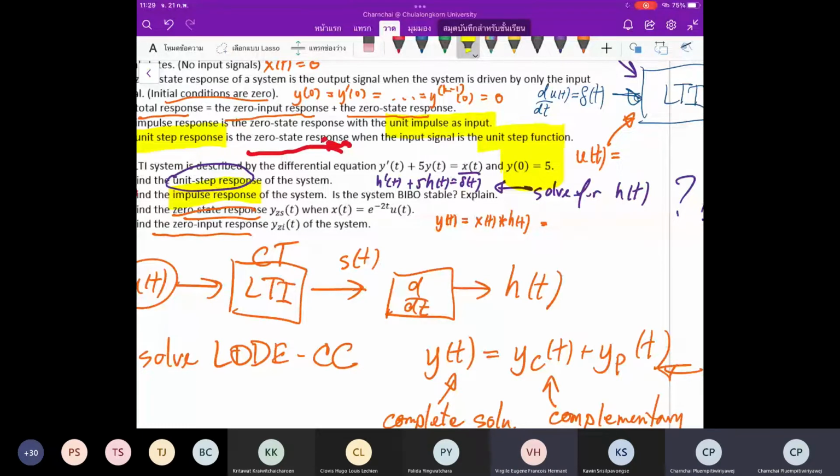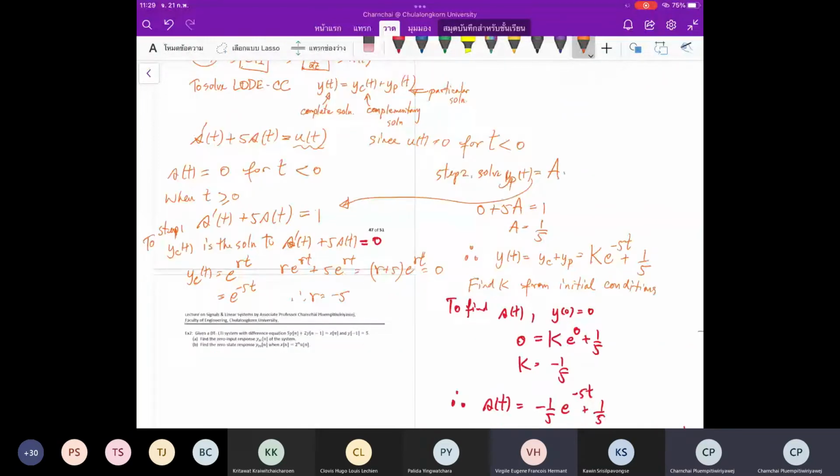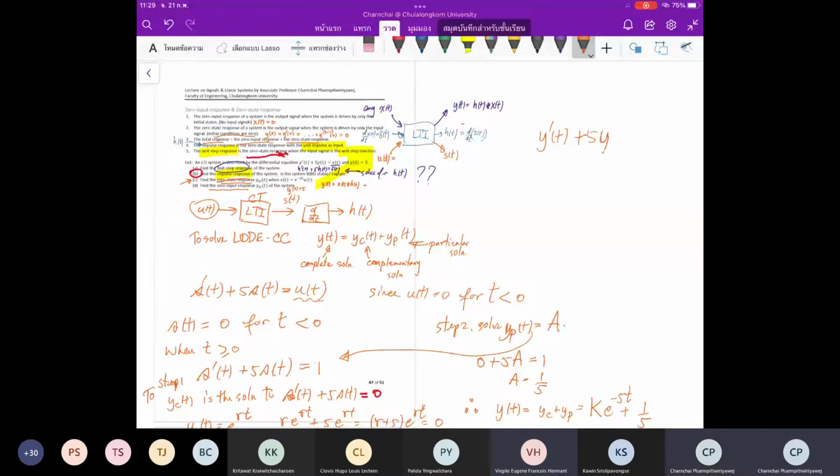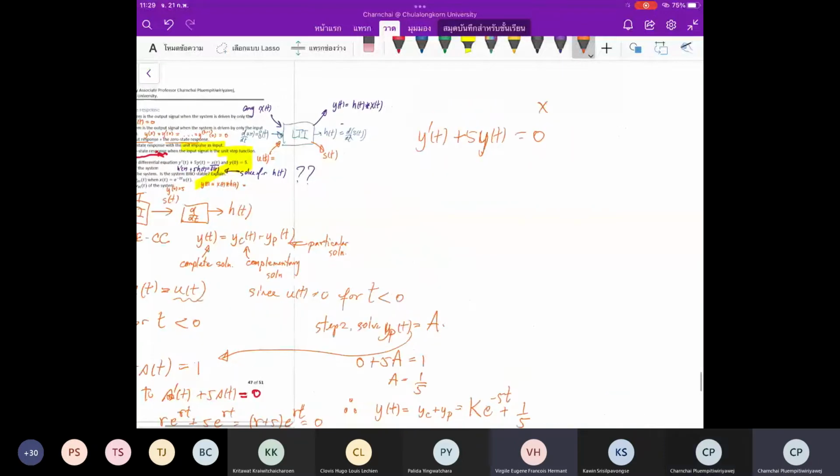That means we are solving y'(t) plus 5y(t) equal to 0, when x(t) equals 0, and y(0) equals 5. We already solved that, right?